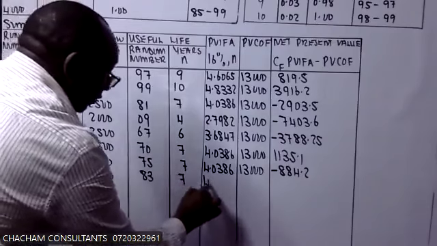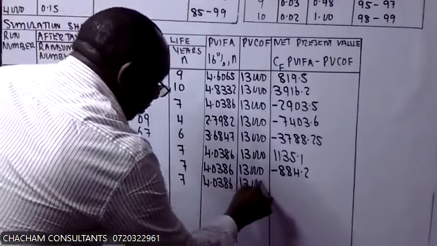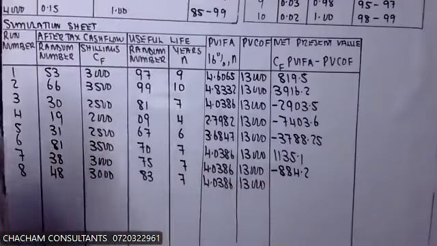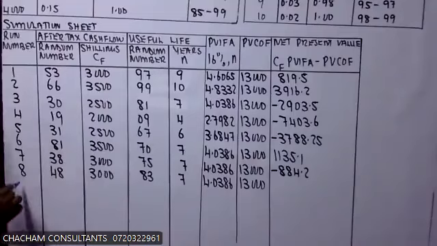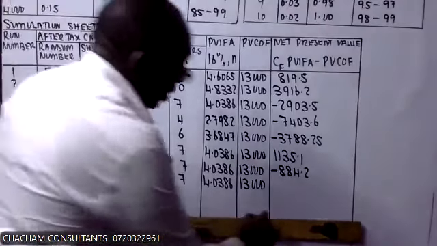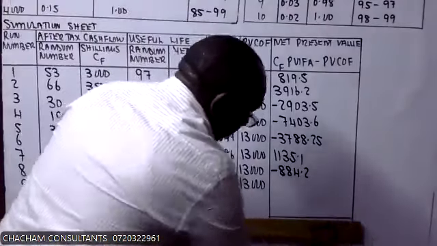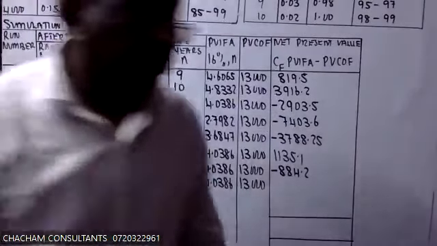So it is 4.0386. Outflow is 13. So continue like that on your own. Do 9 and 10. Then you will give me the total from there.